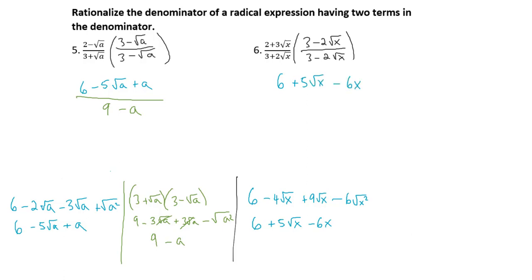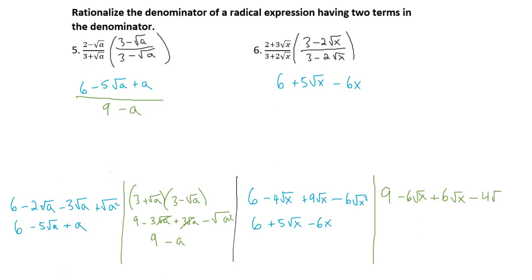And now let's go ahead and do the bottom. So 3 times 3 would give us 9. 3 times negative 2 square root of x is negative 6 square root of x. 2 times 3 gives you plus 6 square root of x. And 2 square root of x times negative 2 square root of x gives you negative 2 times 2 is 4.